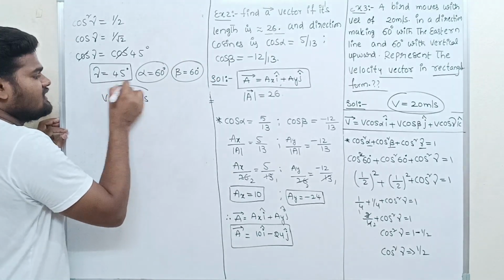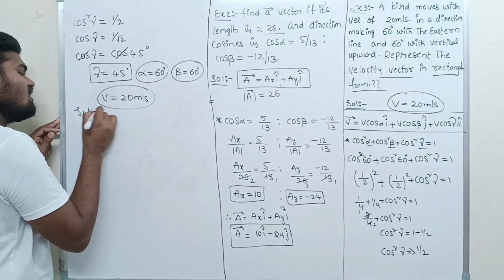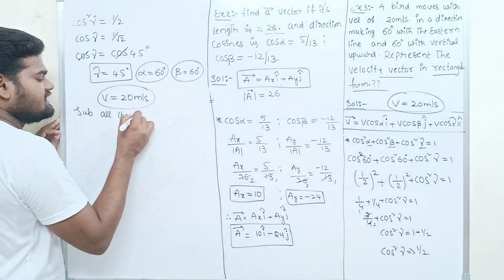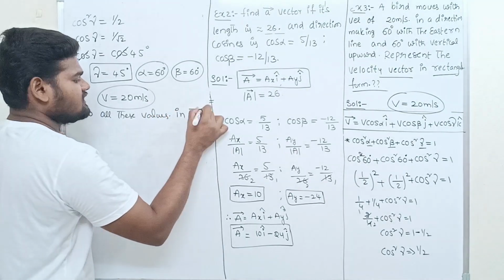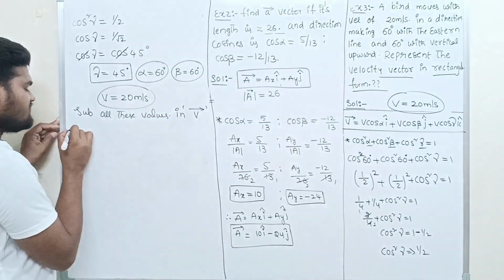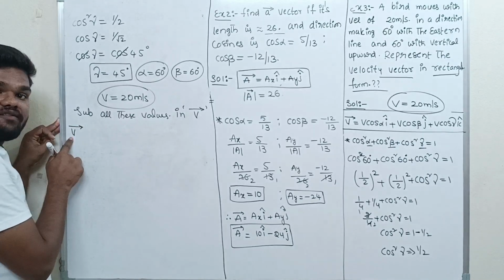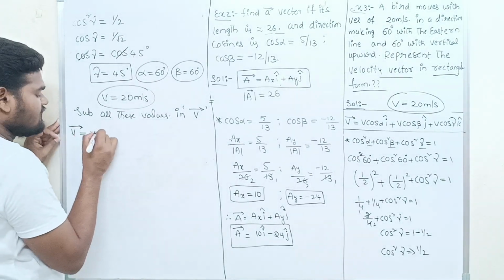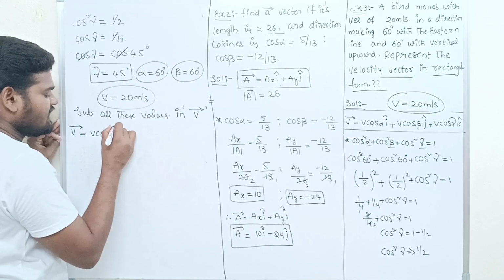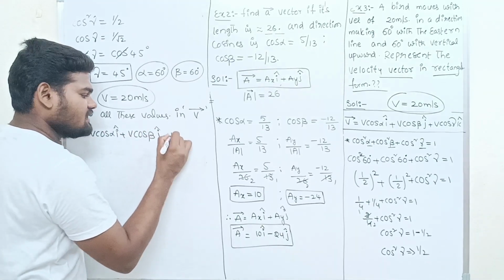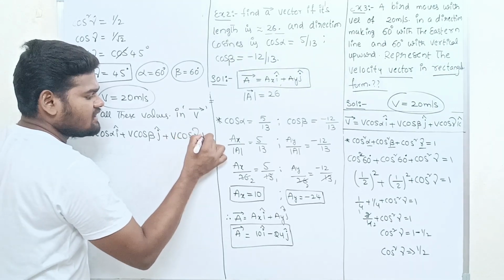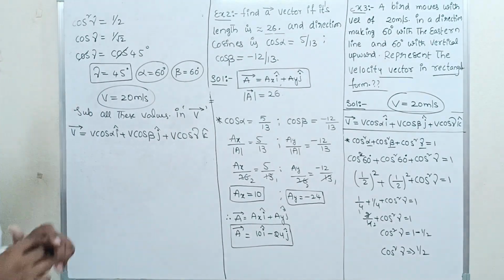Just substitute all these values in the V bar vector. So what is the V bar vector? In rectangular form, the velocity vector is equal to V cos alpha i cap plus V cos beta j cap plus V cos gamma k cap. Are you able to see the board?